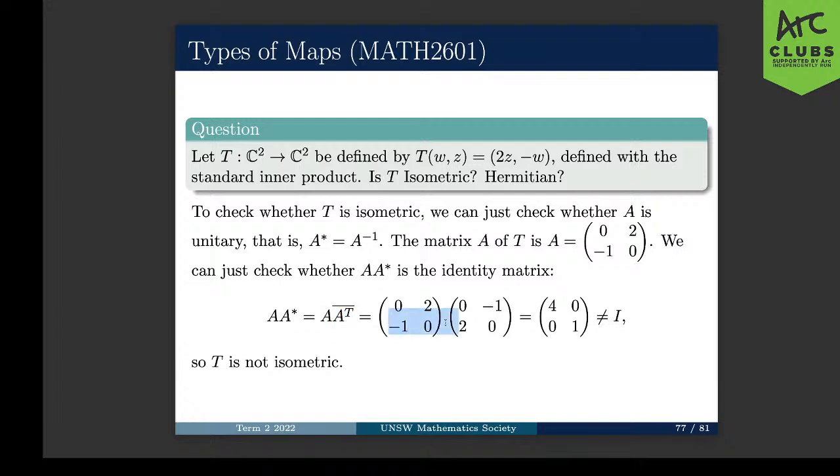If we multiply those, we get this matrix here, and that's definitely not the identity, so T is not unitary, so it's not isometric. It's also not Hermitian, because for Hermitian linear transformations we need A star to equal A, and it's definitely not in this case. A star is this one, A is this one, and just look at it, it's different.